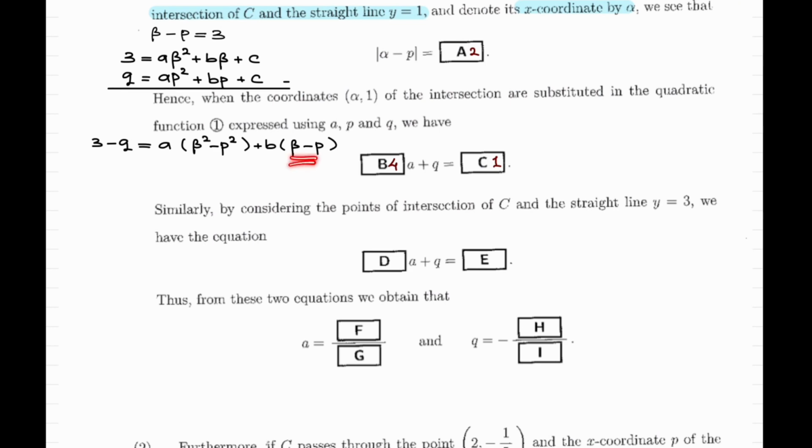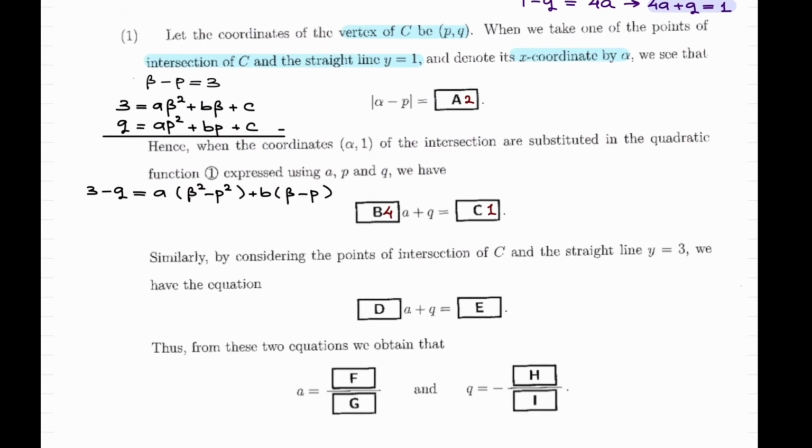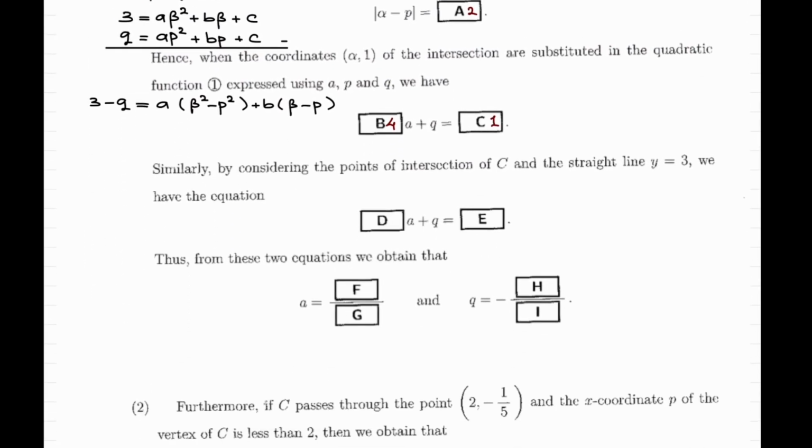Beta is less than P, yeah? So beta minus P is equal to negative 3. I can substitute it into my equation: a times beta minus P times beta plus P, plus b times negative 3.